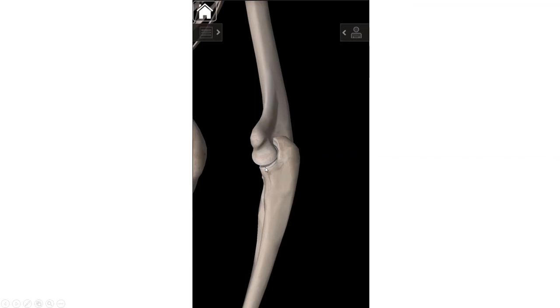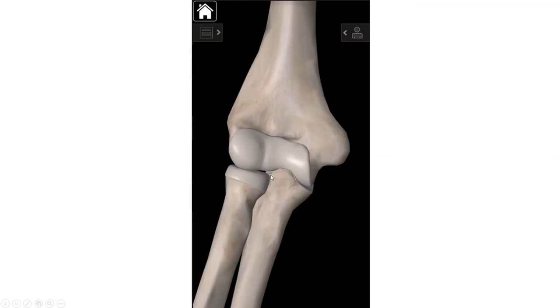Then we've got the radial notch of the ulna. So to get to that, we're going to go to the anterior view. So again, anterior view of the right elbow. There's our coronoid process that we were just pointing out. And then the radial notch is this little indentation right here on the ulna, into which the head of the radius fits. So the head of the radius is going to sit in the radial notch of the ulna. So it makes a space there for the radial ulnar joint.